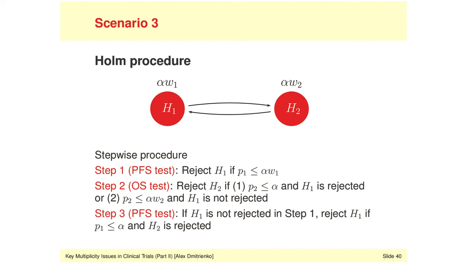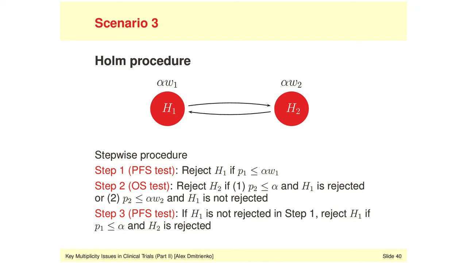And there's also an option to come back to the PFS test. This could be accomplished in step 3, and this would be a relevant test if we could not reject H1 in the first step, but in the second step of this testing algorithm, the overall survival hypothesis was rejected.